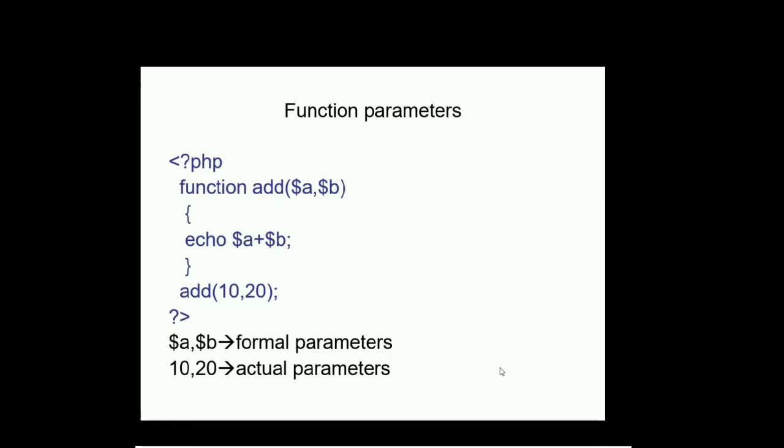My question is, if I change the formal arguments, that means if in $A I assign 20 and in $B I assign 40, will it change the actual arguments? No, sir, it will not make an impact on the actual parameters.